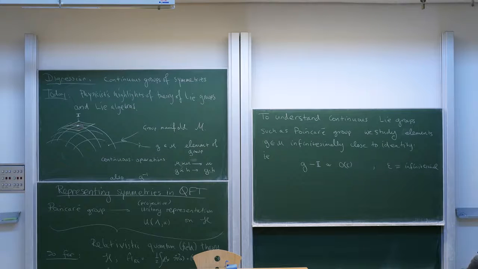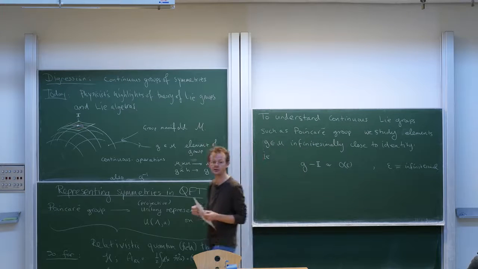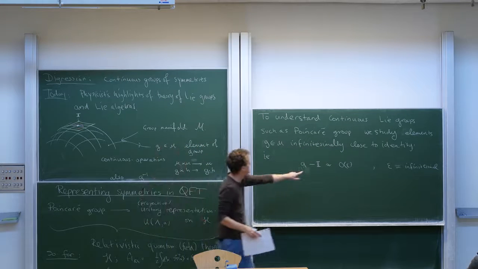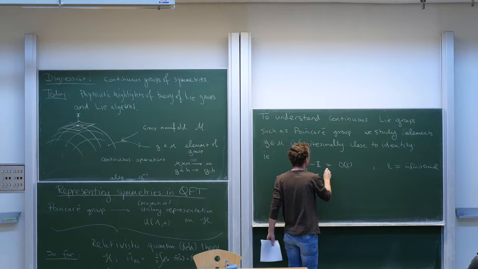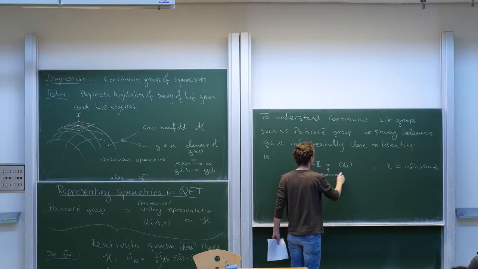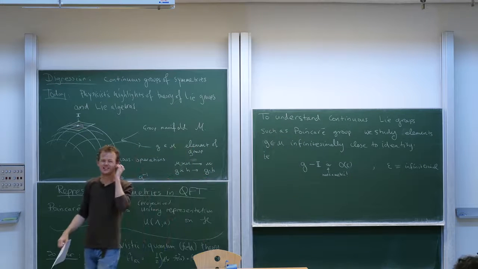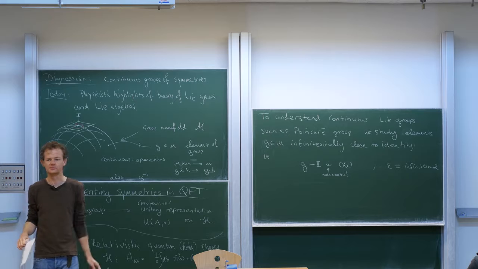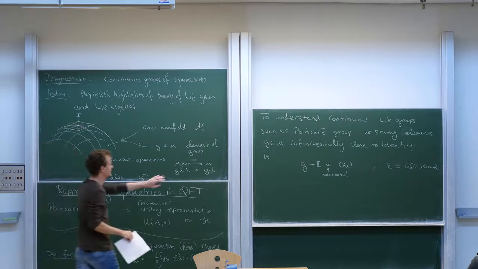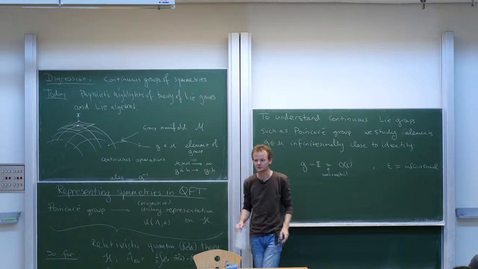We're going to study elements g of this group that are infinitesimally close to the identity. To say this approximately, this needs a metric. But there's usually a very natural metric. Because we're going to study only very simple examples, we don't have to worry too much about this metric. There will always be one that's obvious from the context.